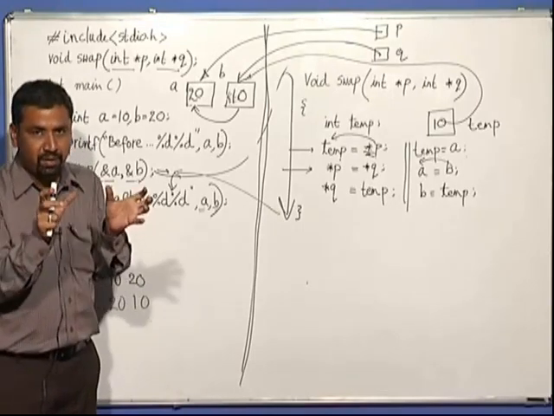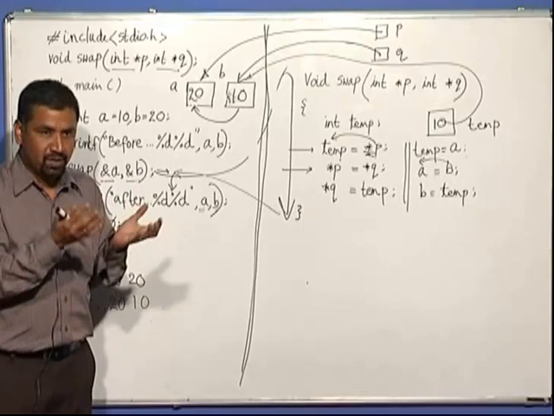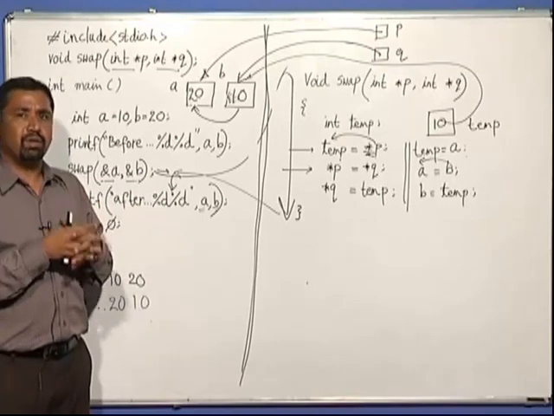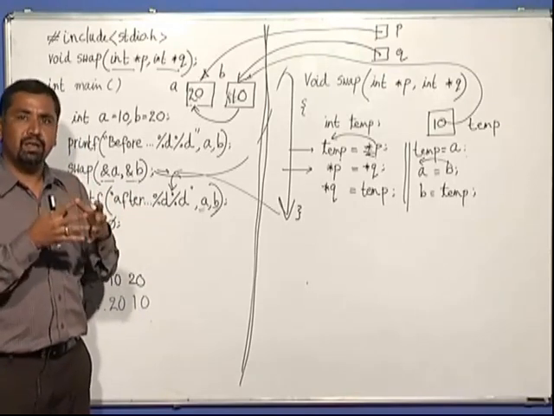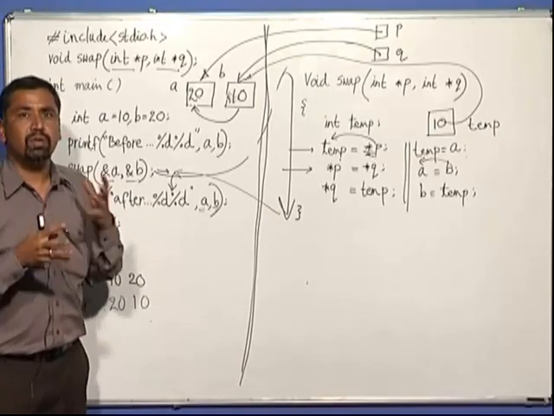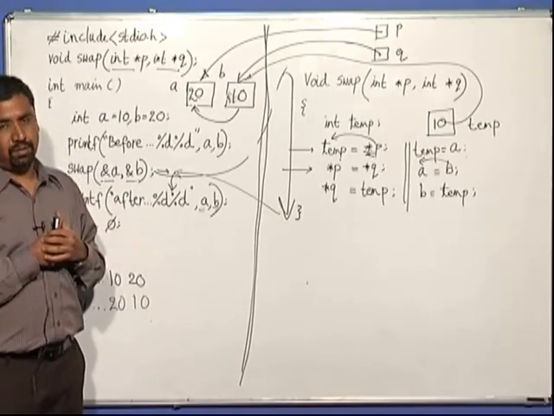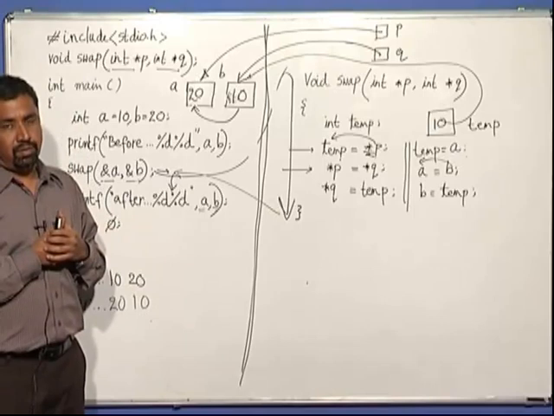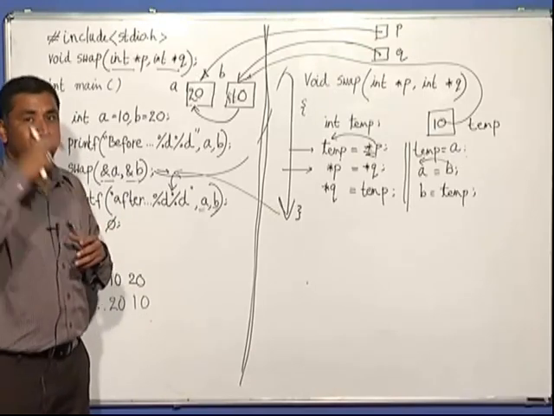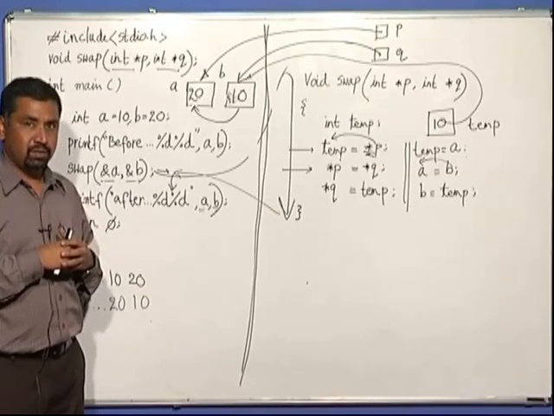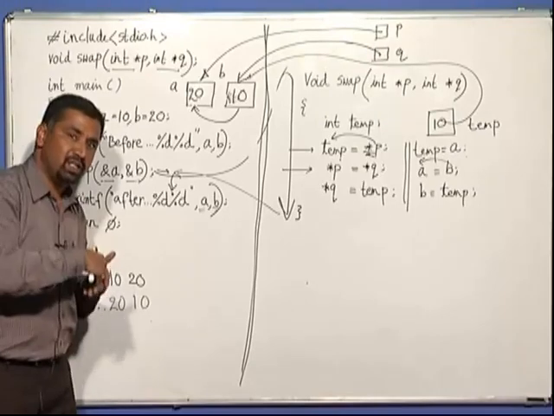So, if you can remember the basic principles that are involved, that pointer variables are basically used to deal with memory addresses, and ultimately we are interested in the values at the addresses, and to get the values we use the dereferencing operator.